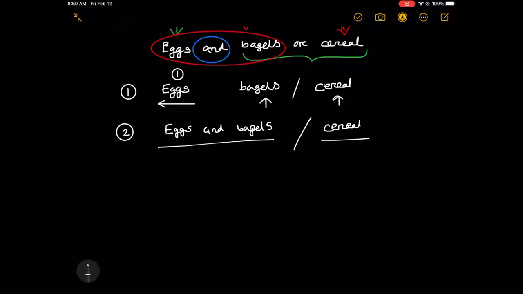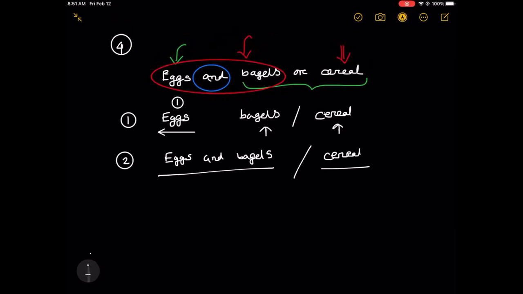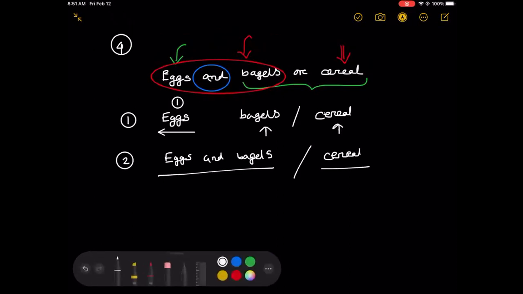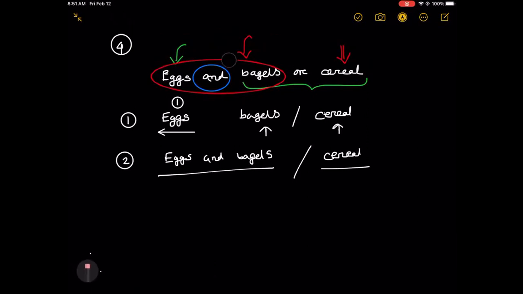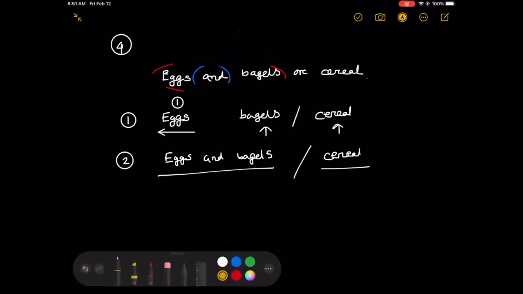So for example, if I remove the colors from here so that it doesn't become too clumsy, let's say I actually need eggs and bagels, or cereal. That means if you just buy me cereal, that's fine, or if you buy me eggs and bagels, that works as well.